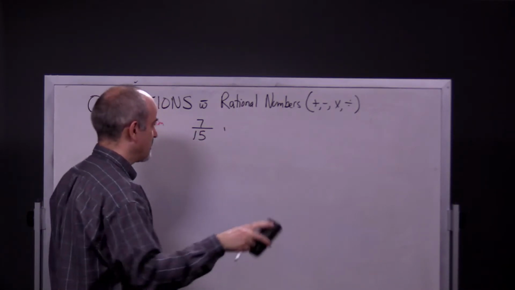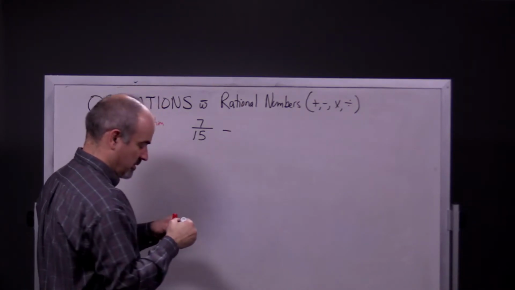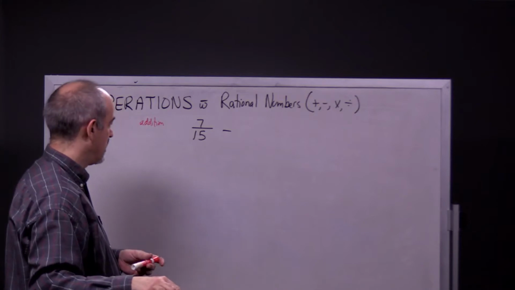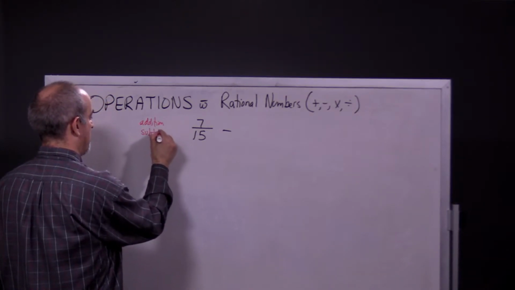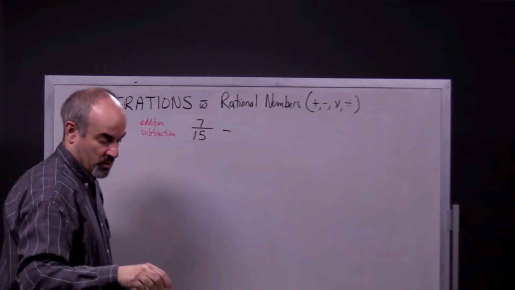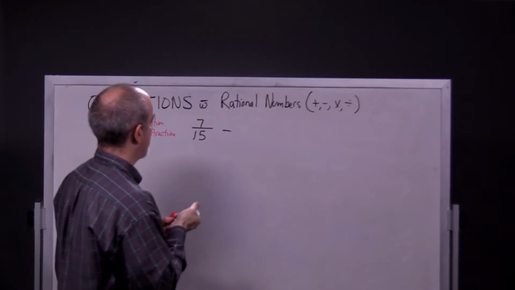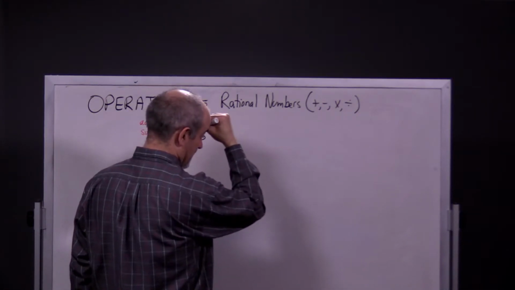Oh, we're doing subtraction. So for subtraction, you also need to have the denominators be the same. So let's see. What's a good one? 9, maybe 9.